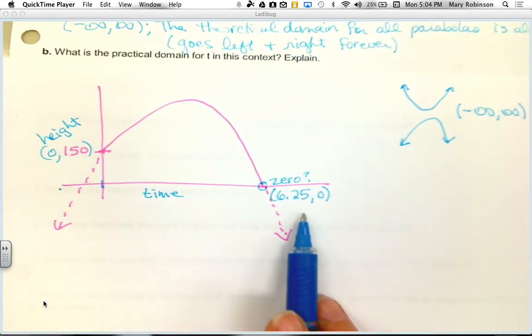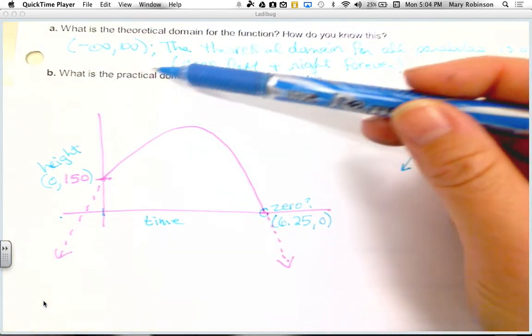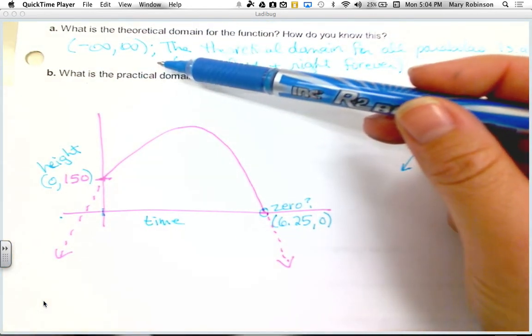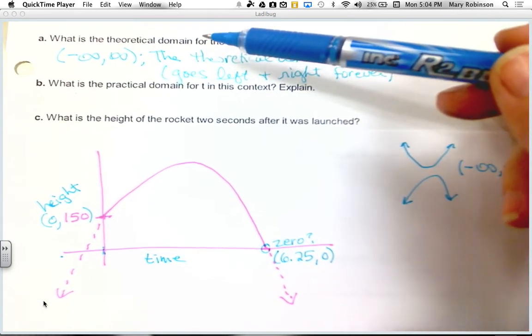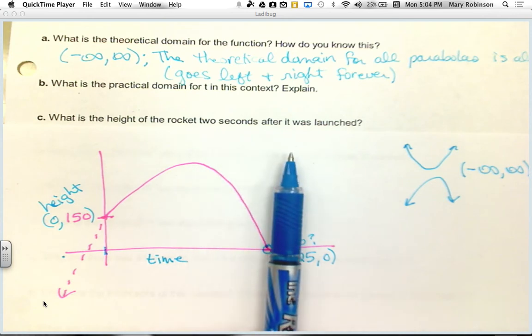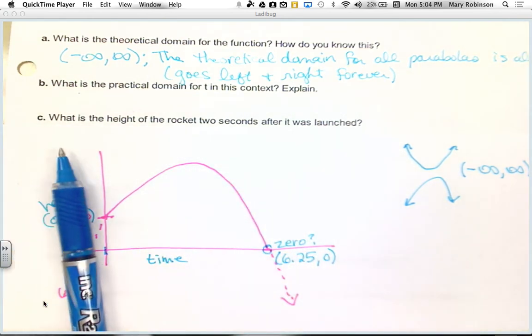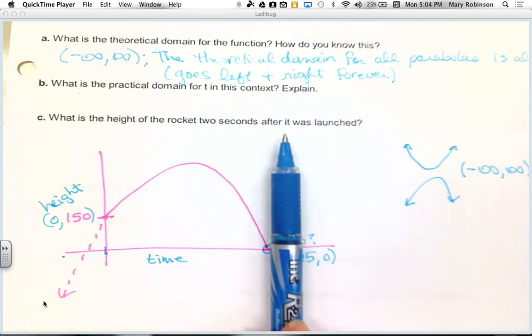Hopefully that makes sense. So while our theoretical domain is from negative infinity to positive infinity, our practical domain is going to only be from the 0 that makes sense to the 6.25, the starting x value to the ending x value.